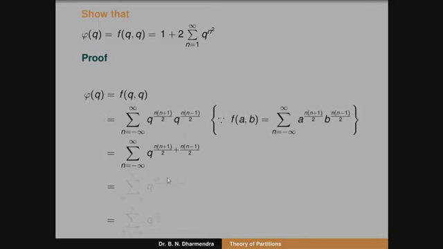That's a very simple manipulation, equal to the summation n running from minus infinity to plus infinity of q to the power of n squared plus n squared minus n. Here minus n and plus n get cancelled. Only 2n squared by 2 remains, that is equal to the summation n running from minus infinity to plus infinity of q to the power of 2n squared by 2.